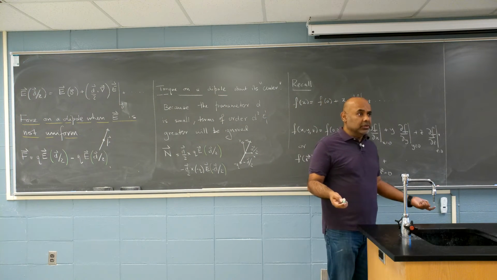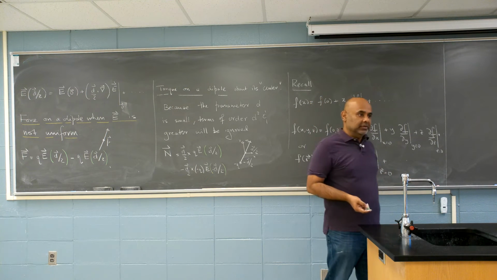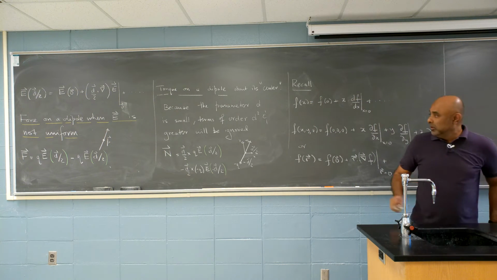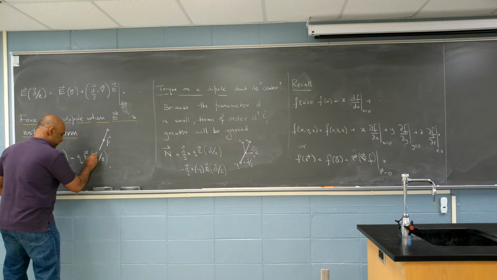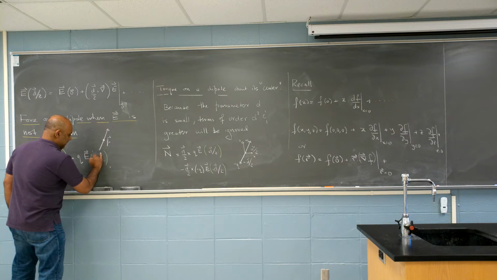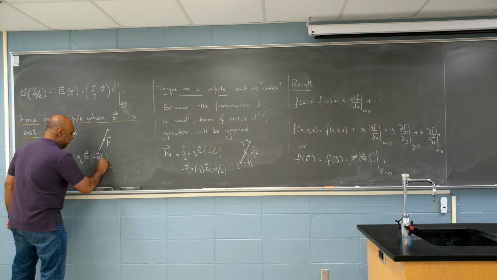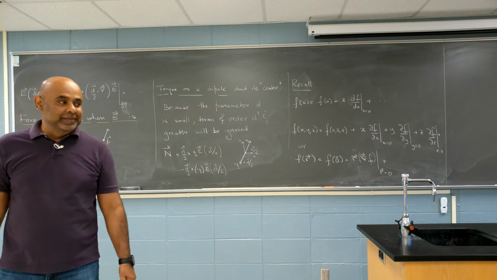Well, I have two charges, so I write the electric field at the location of the two charges. Why is it not negative d over 2 again? Because it is. Yeah, negative.